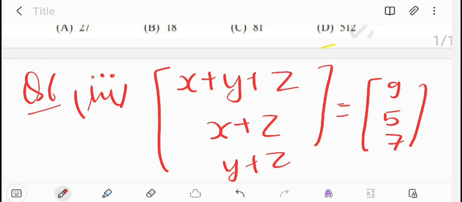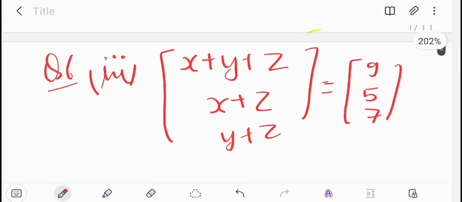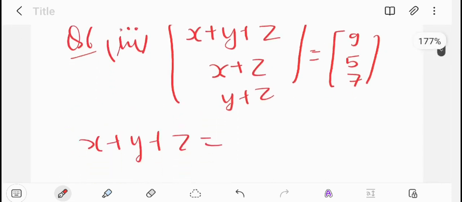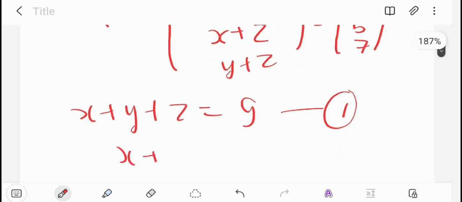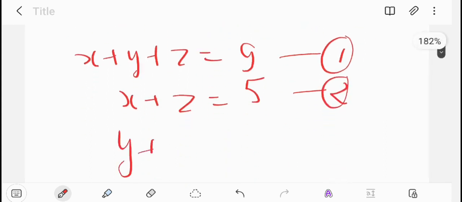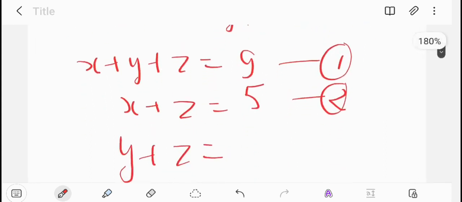Why are we doing so? Because we are already given that the matrices are equal. So equating the terms, x plus y plus z is equal to 9. This is our first equation. Our second equation is x plus z is equal to 5, and y plus z is equal to 7 is our third equation.